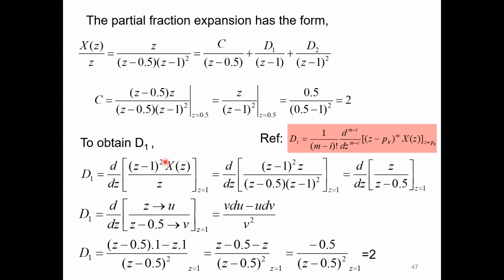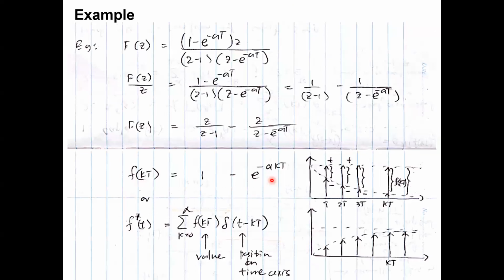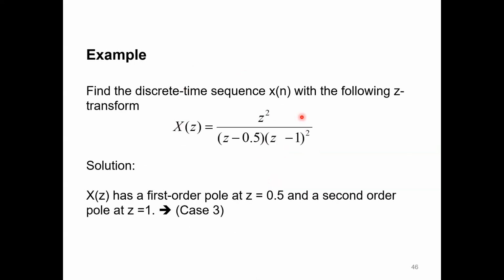So then once you simplify this one, this (z minus 1) whole thing squared, times X(z) over z, it is this one, which is already given, right? So this is the given transfer function. If I pedal back, this whole thing, one of these z comes over here, the other z remains there.